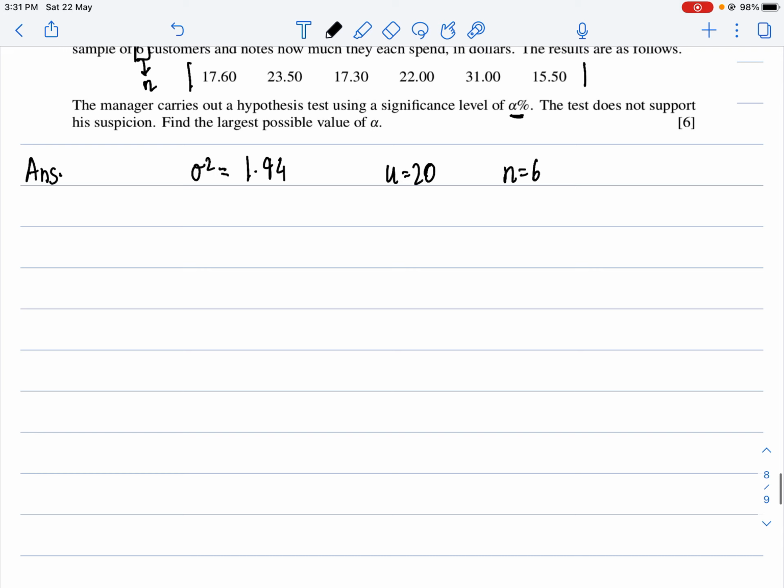I need the test value here first, which is basically the summation of x over n, because you need to test it with the value.